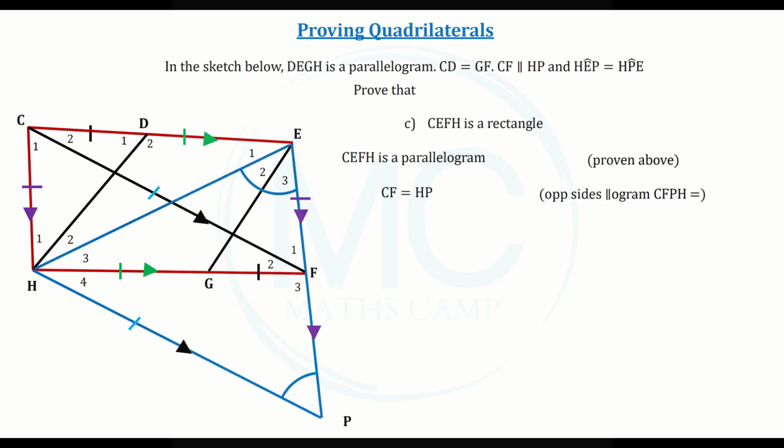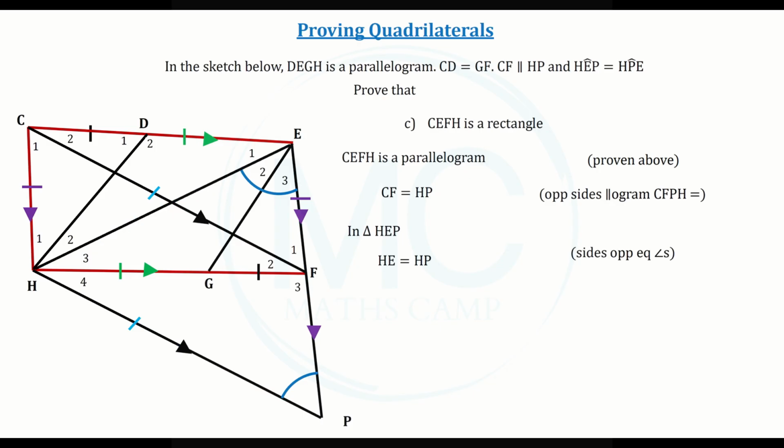A triangle with two equal angles is an isosceles triangle, which means it also has two equal sides. So now we can say in triangle HEP, we know that HE is equal to HP. And as our reason, it is because these sides lie opposite equal angles.